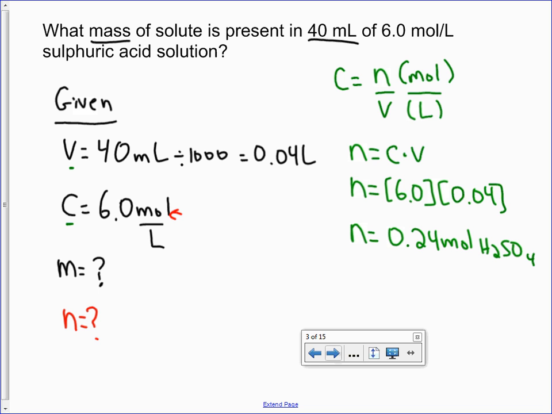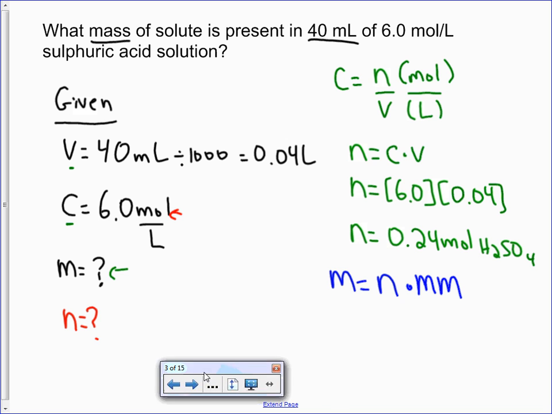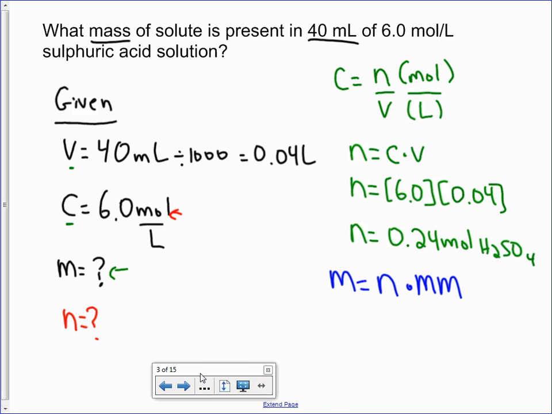Now we're being asked for a mass of sulfuric acid, so the last thing that we'll need to do is take our number of moles of sulfuric acid and multiply that by the molar mass of sulfuric acid, and that will give us our mass of sulfuric acid in grams. So we know that we have 0.24 moles of sulfuric acid.